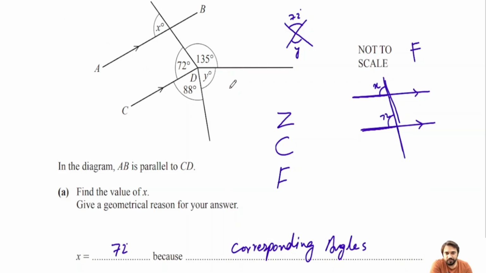We know another rule, that if we have angles like this, so angles at a point add up to 360 degree. We are going to add these angles and put them equal to 360 degree. So 72 degree plus 135 degree plus 88 degree plus y degree is equal to 360 degree.